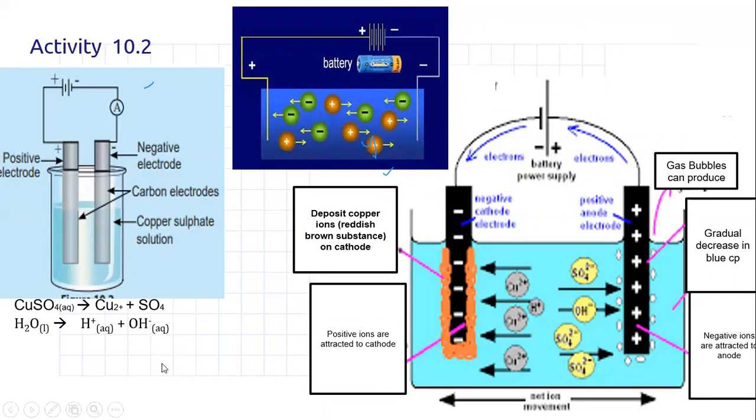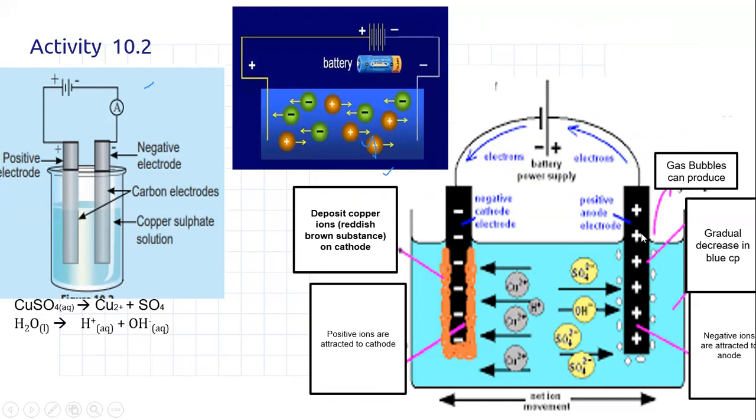All these simpler components move toward opposite directions. As I told you already, copper 2 plus ions move towards the cathode, and SO4 2 minus sulfate ions move towards the positive anode.